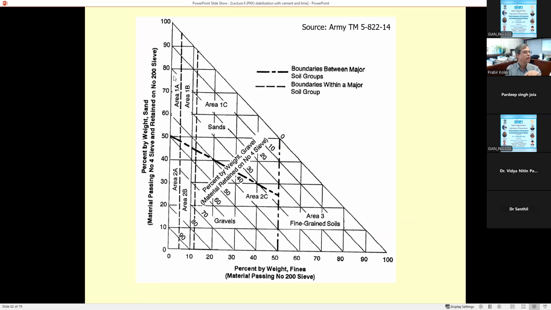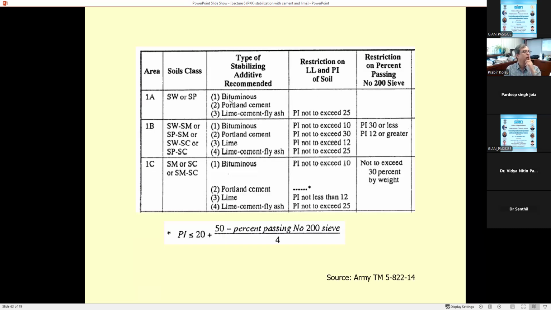Over here you can use different types of stabilizer: for SP, bitumen or Portland cement or lime cement fly ash. And if this is silty sand or clay sand, you need to use Portland cement, lime, and lime cement. So this will give you an idea depending on the plasticity index and the particle size division. Whether it is well graded or poorly graded, you can easily find out from there.